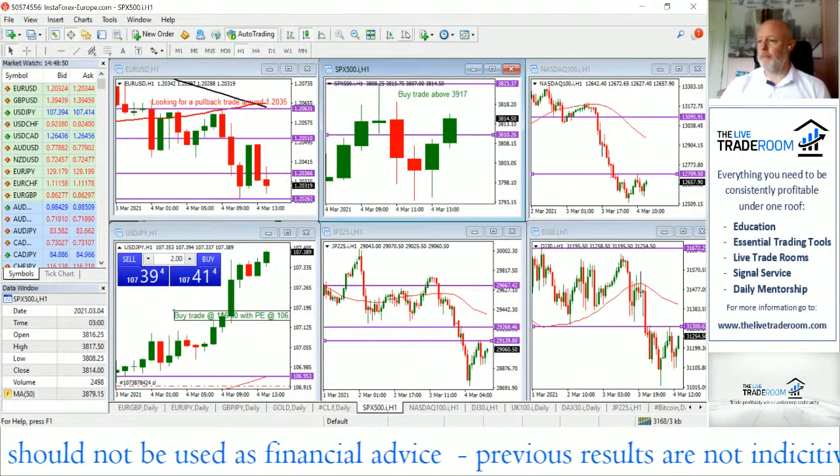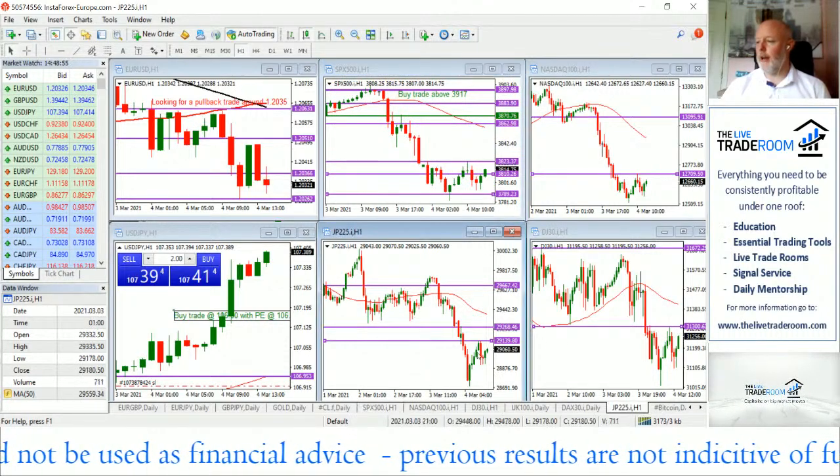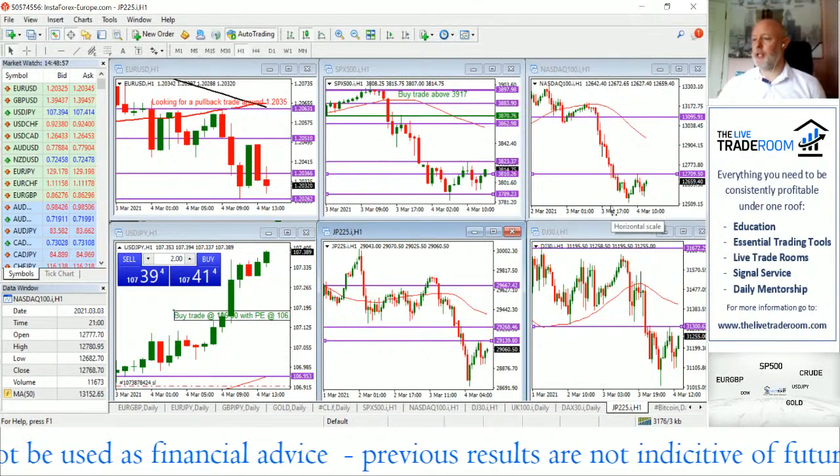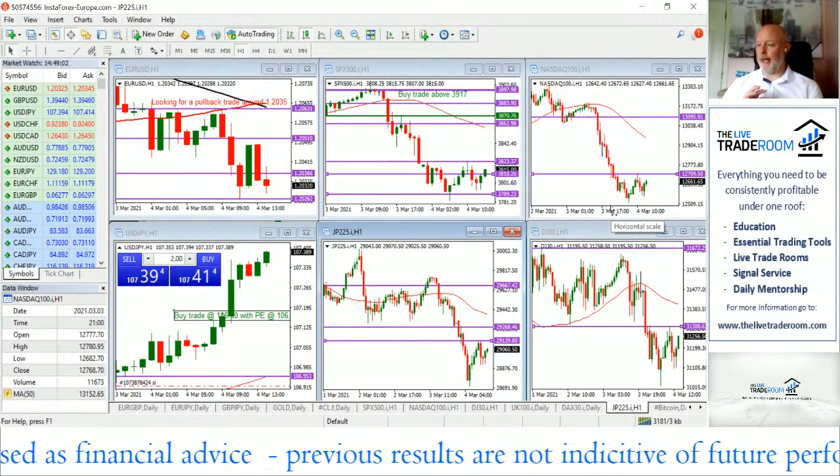Okay, so we can have a look at these indices markets and we're seeing the potential for some structural failures across the equity markets.